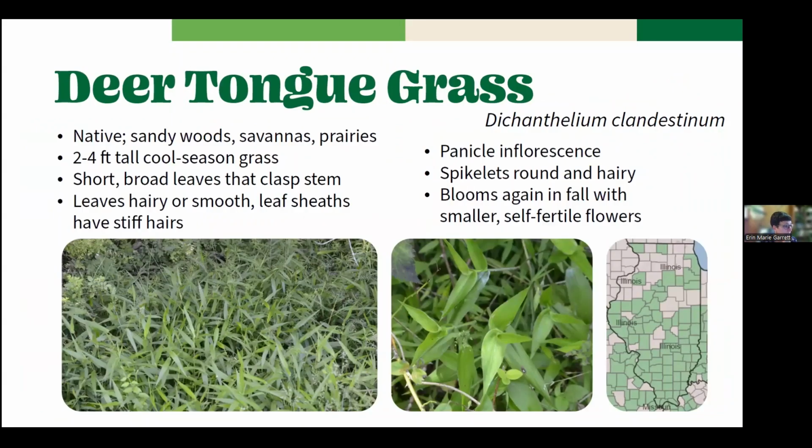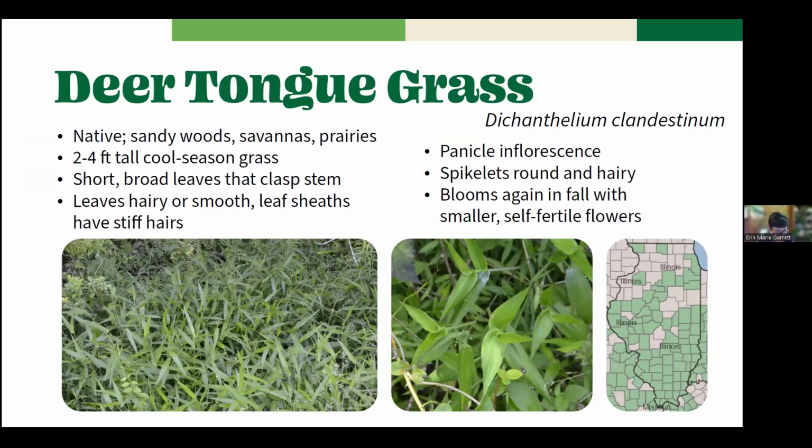Okay, if my notes are correct, we've got two more grasses left. So deer tongue grass is another dichanthelium. We talked about these yesterday in the woodland section. There's about 33, 34 species of dichanthelium in Illinois.